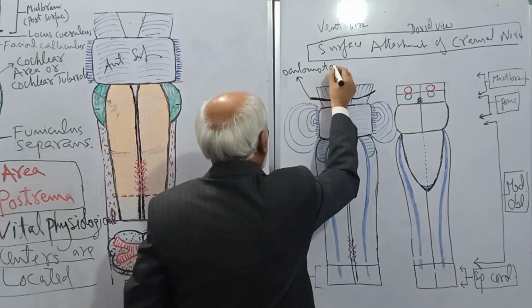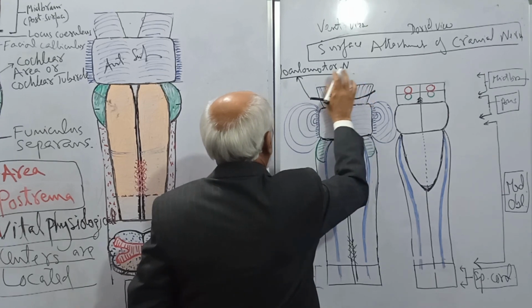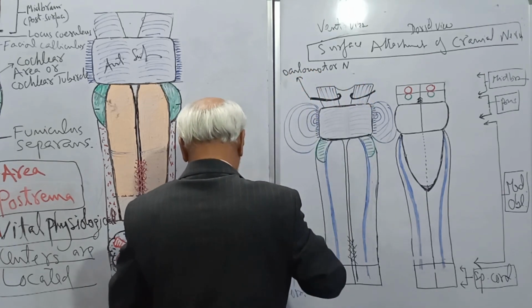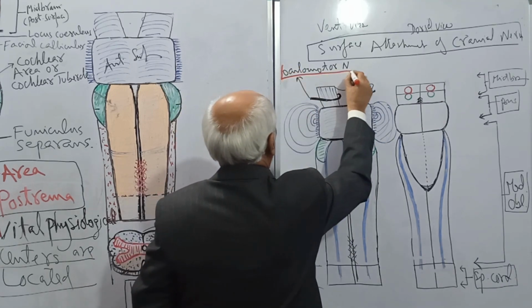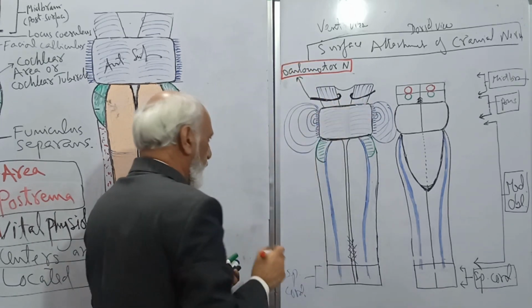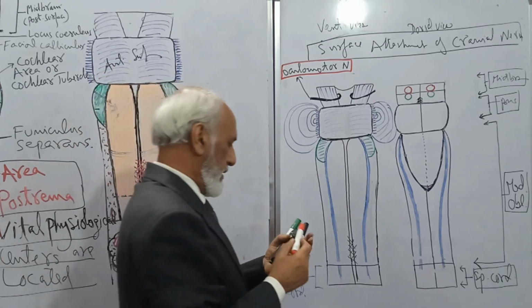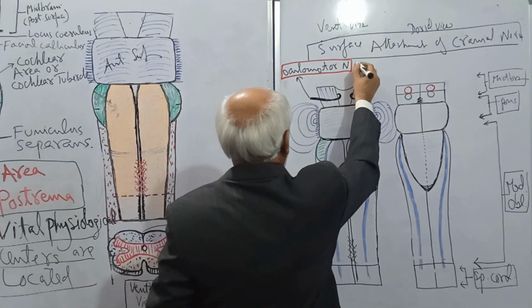Oculomotor nerve, which is the 3rd cranial nerve. One right, one left, ventral surface of the midbrain. This is the third cranial nerve.